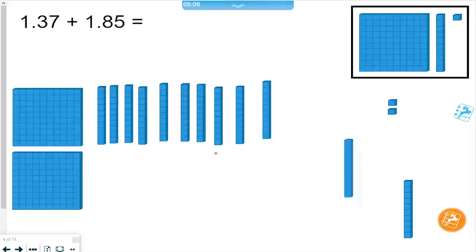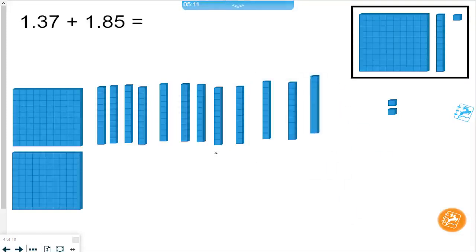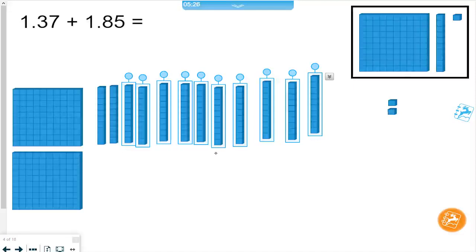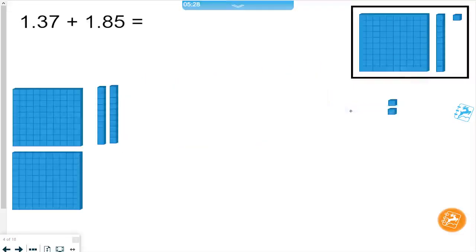We are going to see that I have 1, 2, 3, 4, 5, 6, 7, 8, 9, 10, 11, 12. So I have 12 tenths. So now what I'm going to do is take 10: 1, 2, 3, 4, 5, 6, 7, 8, 9, 10. And we're going to replace that with a whole.